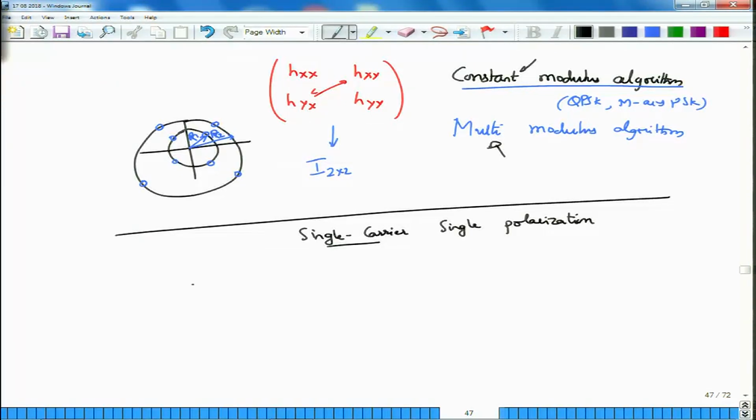By this I mean that at the input I may have sent information only on one polarization, or I may have sent on both, but I am only interested at the receiver side in the x polarized output. Okay, so I am not interested in the y polarization, and let us see what kind of things can actually happen here.